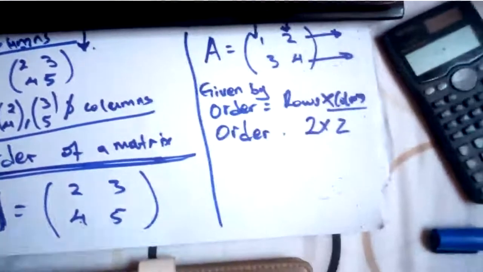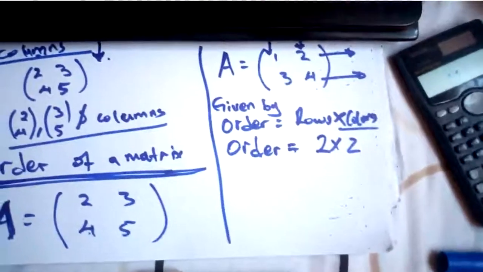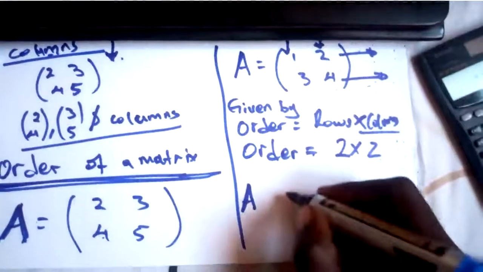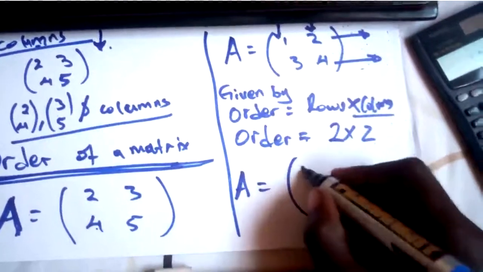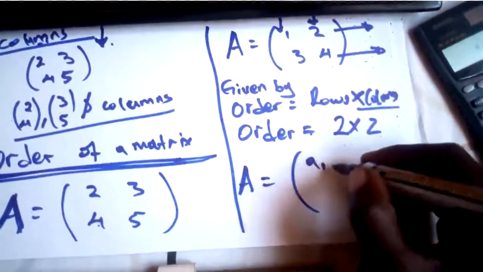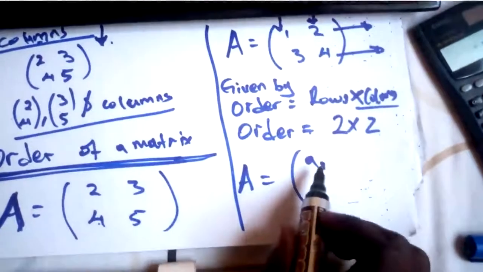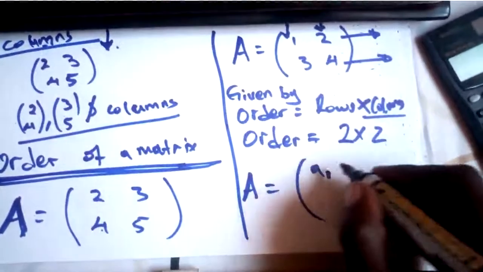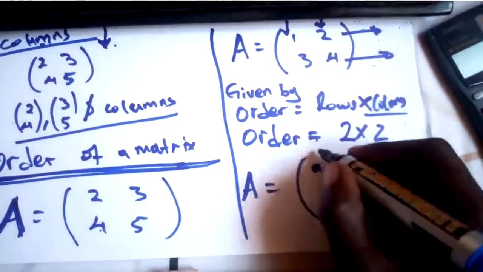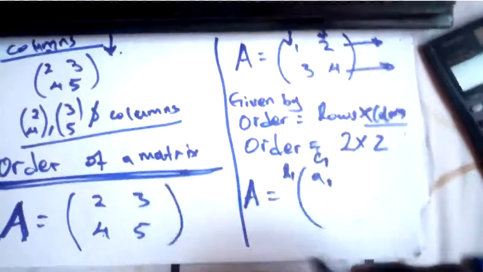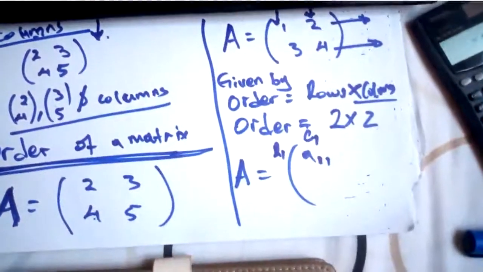So to put it in a more general form, if I have a matrix A with entries, the entry in the first position, meaning the first row, first column, let me call it A11.